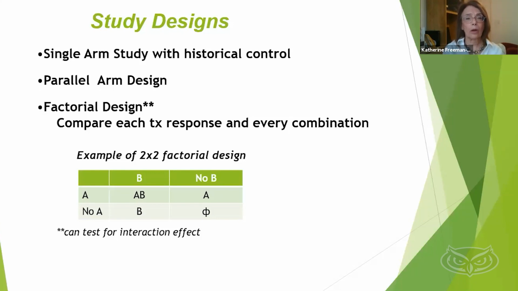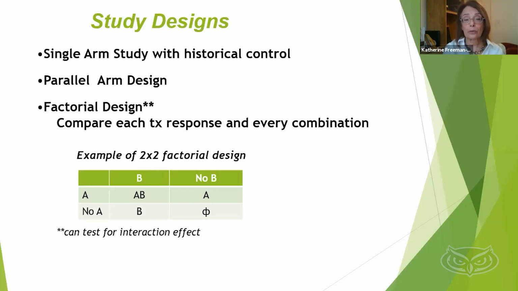Then we have a special style of a parallel arm design, which is called a factorial design. For example, in the opioid epidemic, if we were to train counselors, clinicians, with regard to motivational interviewing and or shared decision-making, we could conceivably make this into a 2x2 factorial design by having one treatment, A, shared decision-making, yes or no, and the other treatment, B, which would be motivational interviewing, and then we'd have 4 groups.